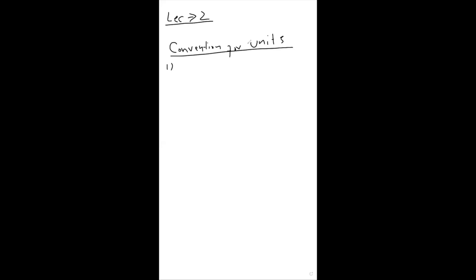So we have an example, newton. Newton is a unit of force, and this newton has a small n, but when we represent it with the symbol, then it will have a capital N.